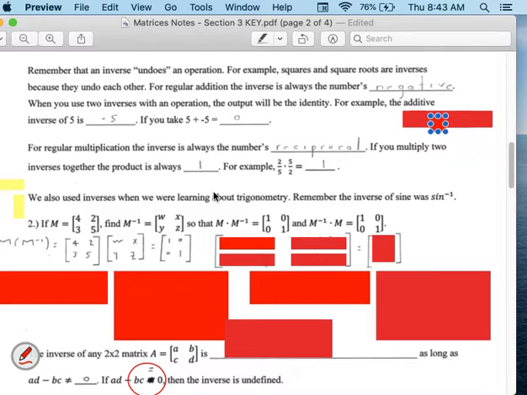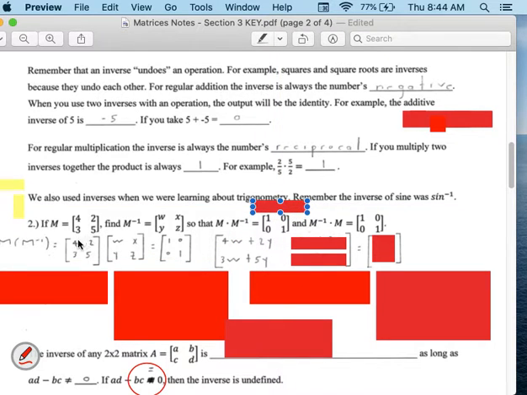If M was a matrix 4, 2, 3, 5, and my inverse is W, X, Y, Z, if I tried to multiply these together so that I get the identity, right? The identity is 1, 0, 0, 1. There's work that would go along with it, trying to figure out what W, X, Y, and Z have to be to output this.